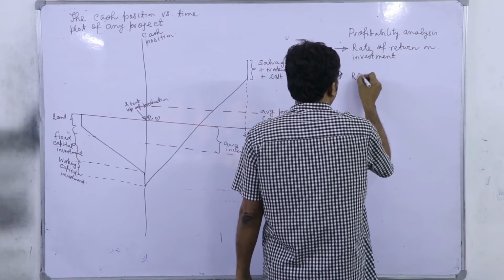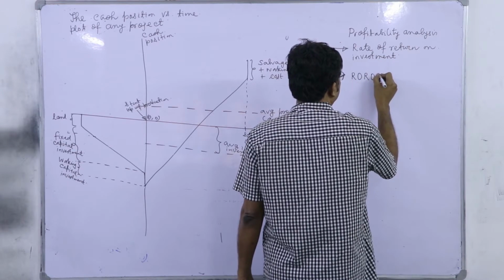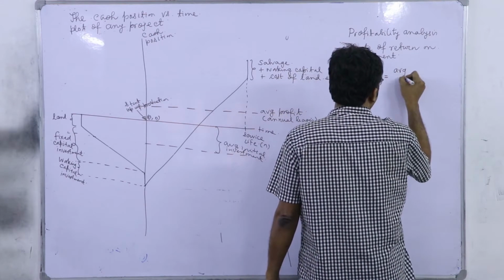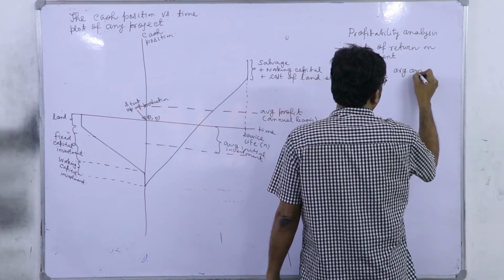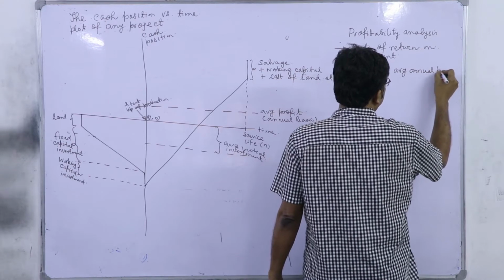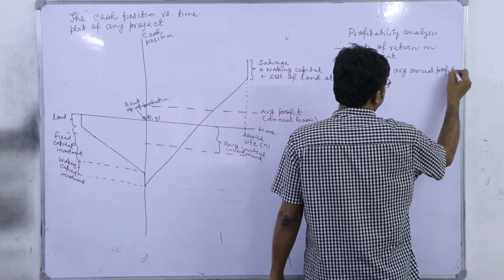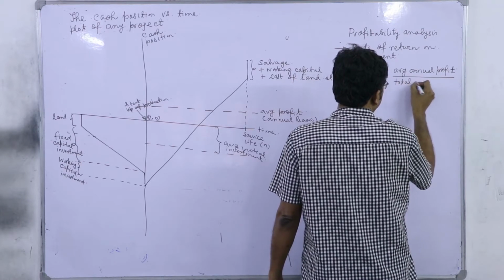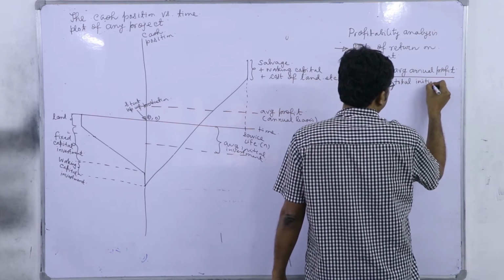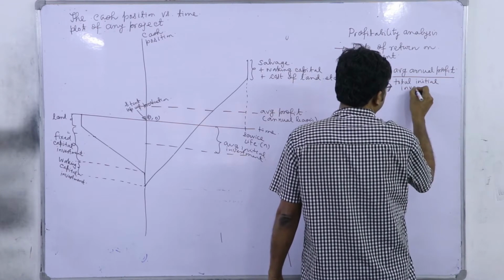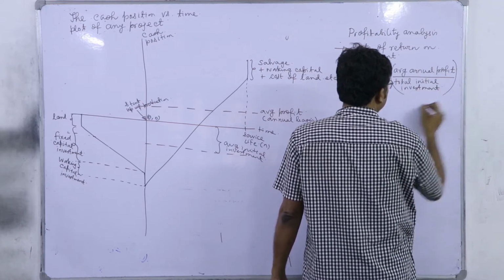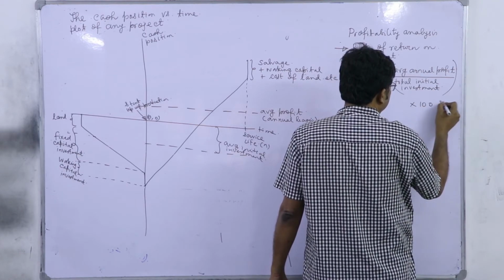Rate of return on investment is the average annual profit divided by total initial investment, multiplied by 100 to express it in percentage.